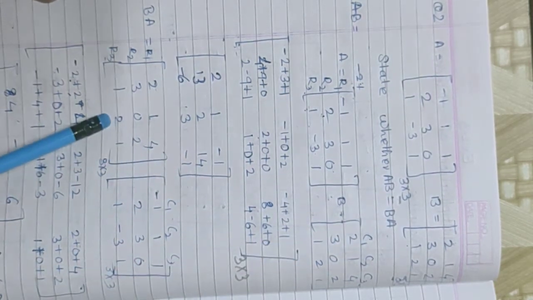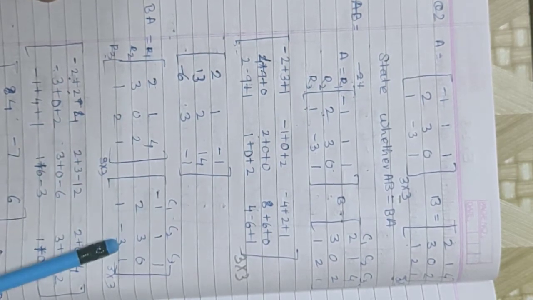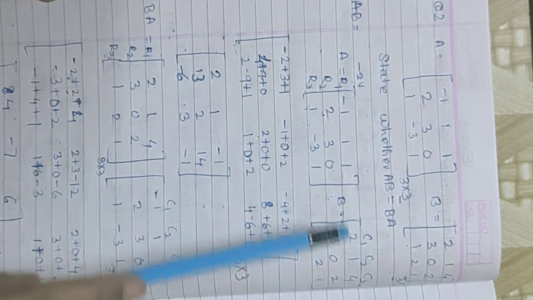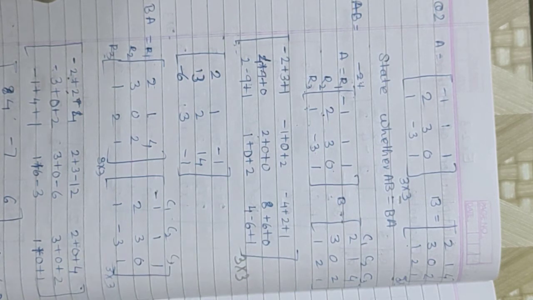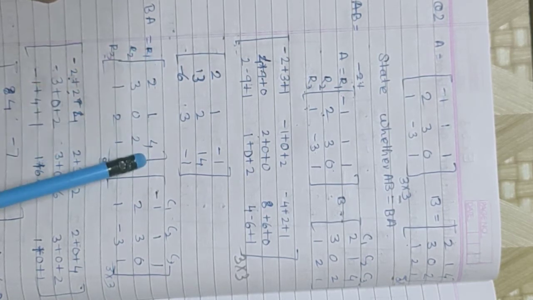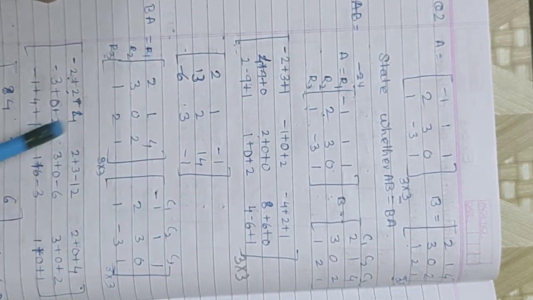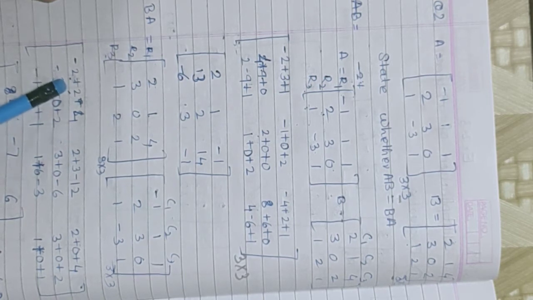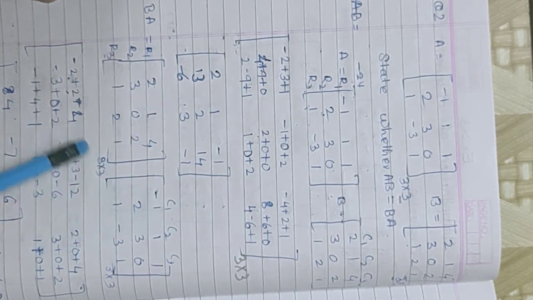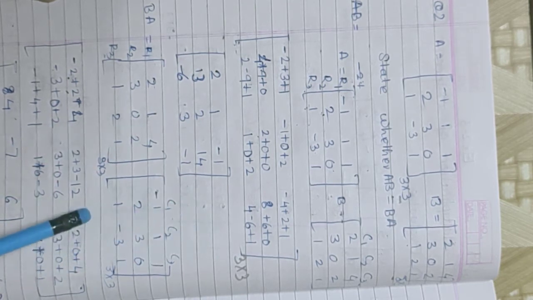Now we have to do B into A. So first write and take B and then write A. Here first we have written A, then B. Now B we have written here first. In same way we will carry out the multiplication. First with the row we will multiply to all the columns. Say 2 into minus 1, minus 2; 1 into 2, 2; 4 into 1, 4. First column completed.